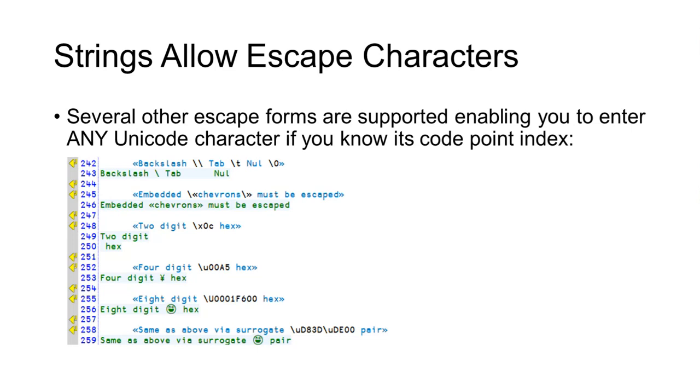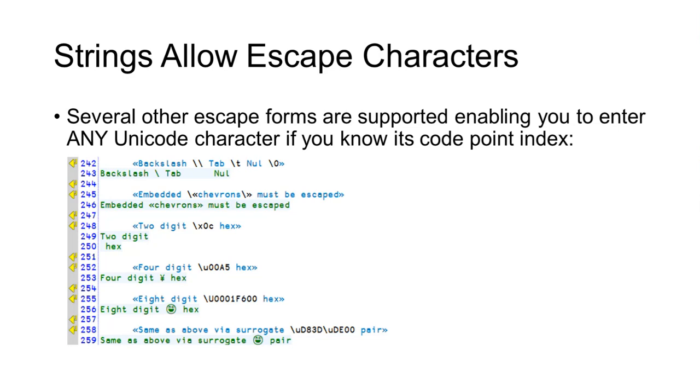If you want to embed guillemets or the chevron characters inside of the string, you have to escape those. So what you can see on line 145 is that we embed this chevron string, but we have to put a backslash in front of the opening chevron and a backslash in front of the closing one.